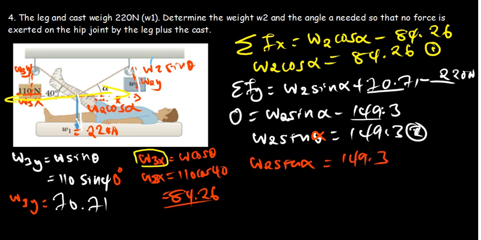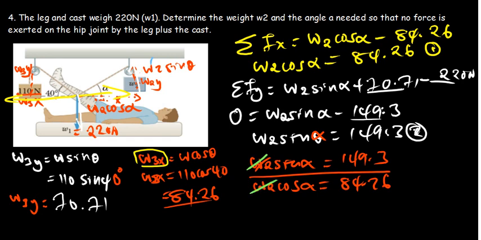You divide that by the one with cos: W2 cos alpha has to be equal to 84.26. Let's now divide. We know that W2 will cancel each other. Then we are going to have that sine over cos is tan. We are going to have tan alpha.